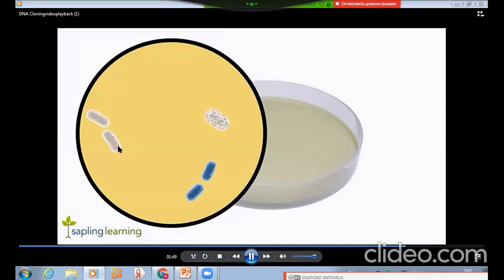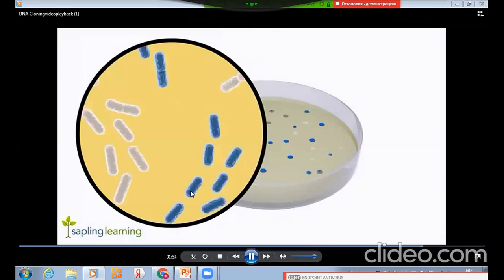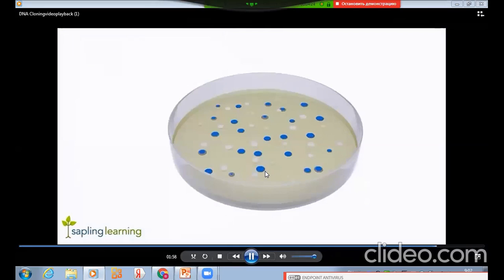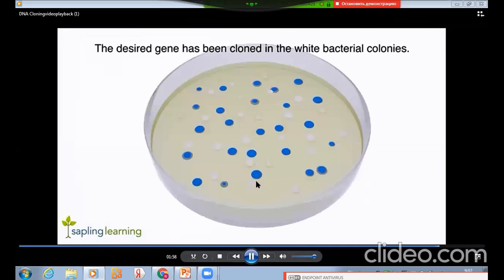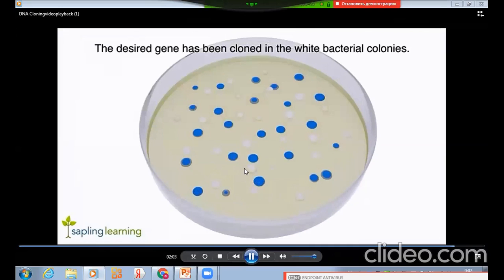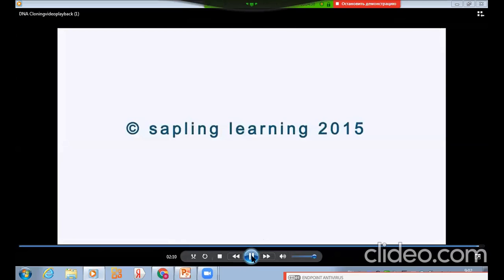You can see the bacteria containing recombinant DNA and the bacteria with the natural vector system, blue and white selection. Okay.